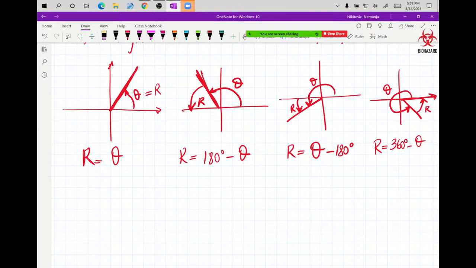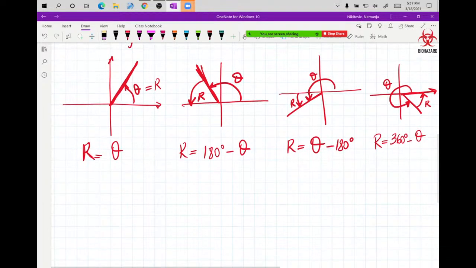Not even memorize, not even remember. You just look at the angle where it is and you say, okay, am I adding 180, subtracting 180, subtracting from 360? What am I doing to get to the closest x-axis? That's why we defined it. If it were not possible to define it using words, then I guess you sit down and memorize this. But we can just go around it.